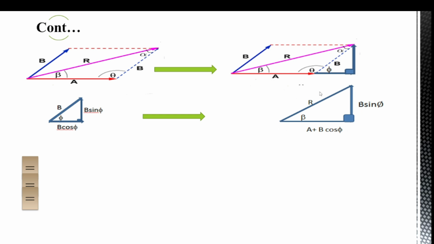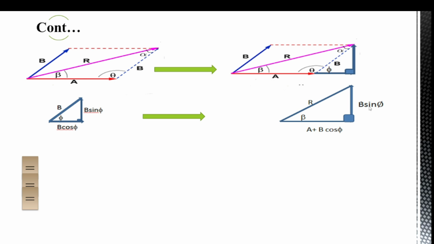Now look at this triangle. It is a right angle triangle, yeah? R, A plus B cos phi. Look at this one. From this to this is A plus B cos phi. And this is the height for the small as well as for the larger triangle, yeah?